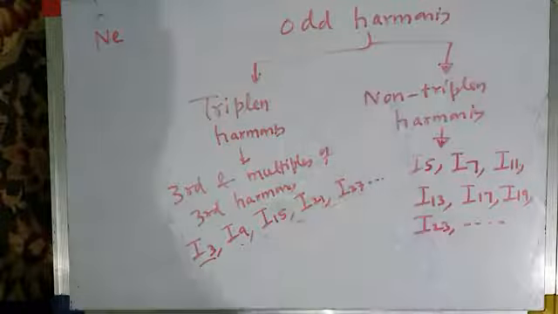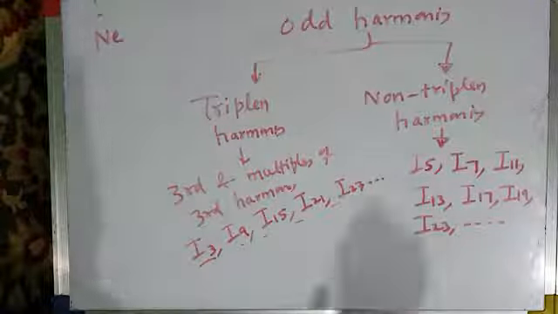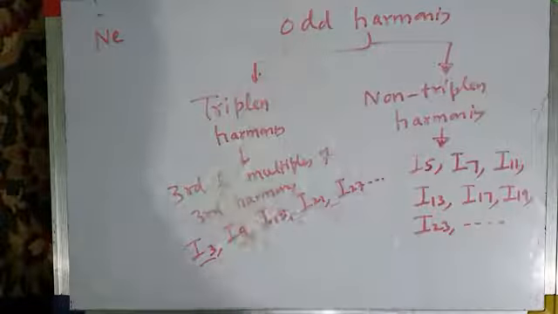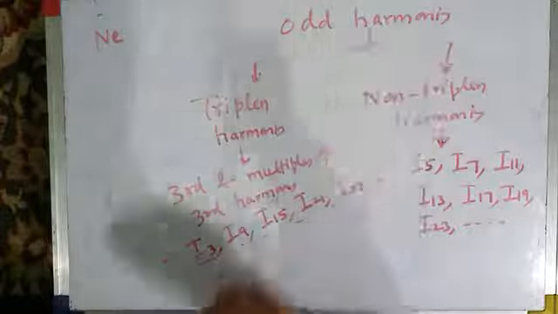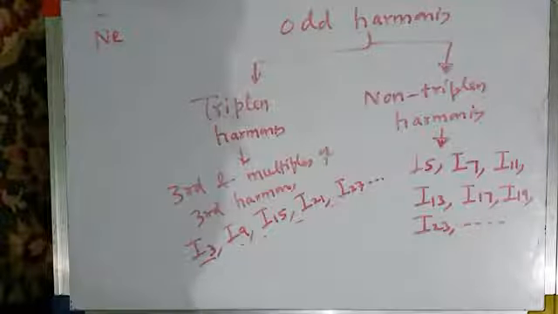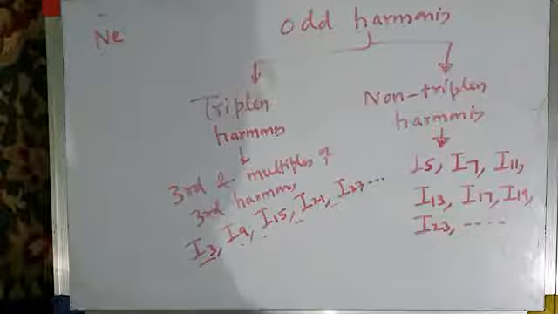These are non-triplen harmonics. These are the two types of odd harmonics, triplen and non-triplen. Let us see whether they contribute to neutral current or not.